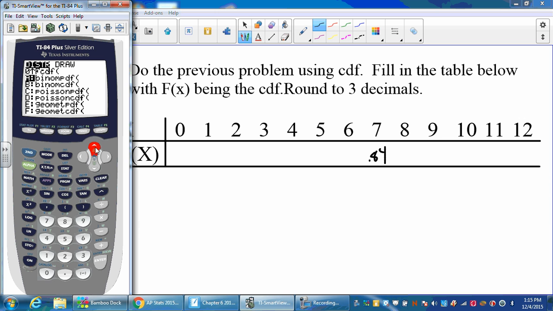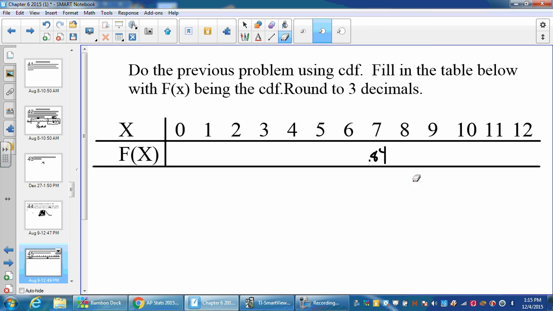We can do a binomial CDF up to, let's just change that value to 10. Oh, I made a mistake here.